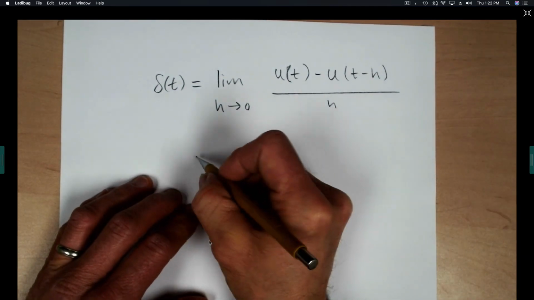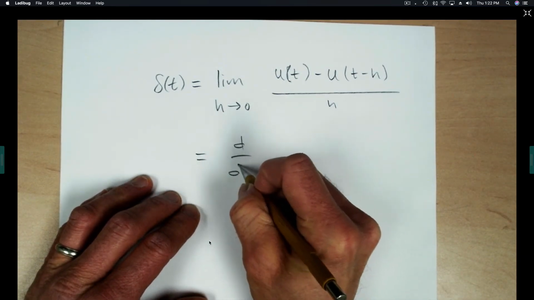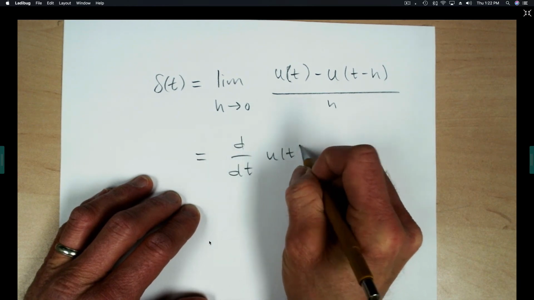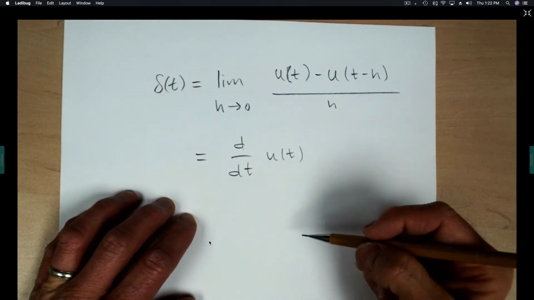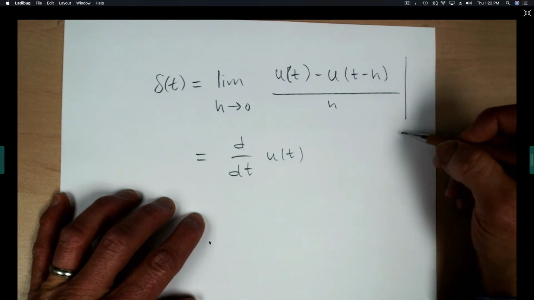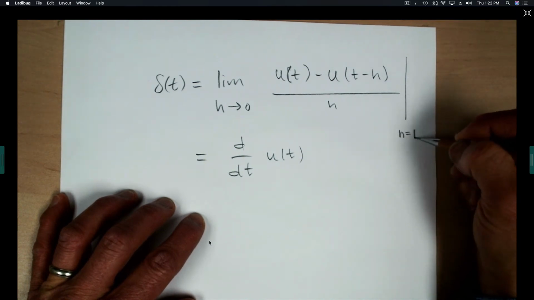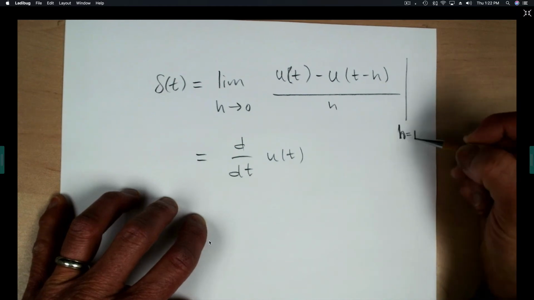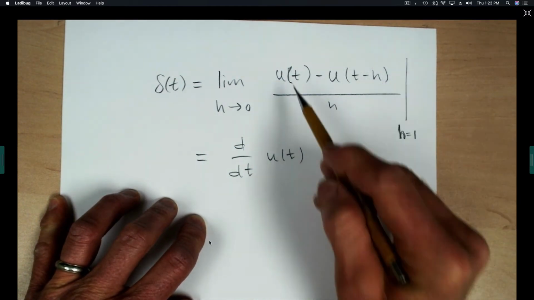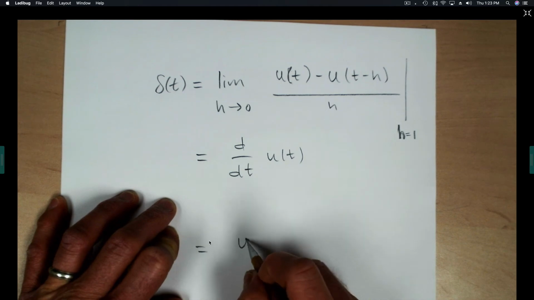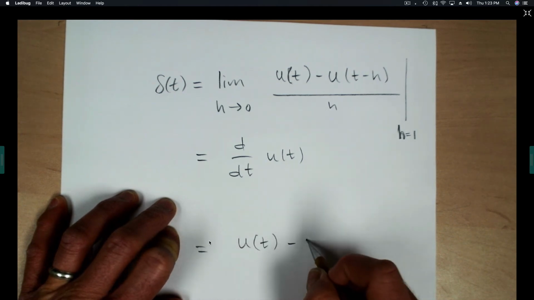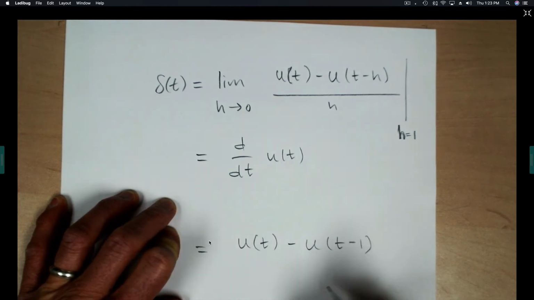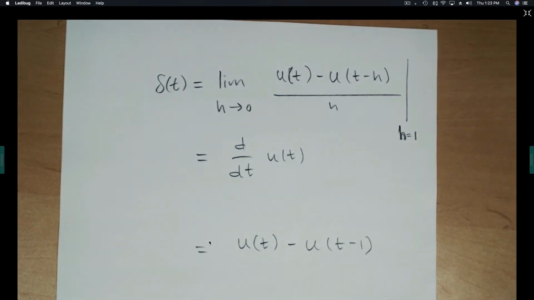That's the formal definition of the derivative. And we see that if we just simply let h equal 1 and we stop short of taking the limit, then this gives us something analogous to u of t minus u of t minus 1. So it's like an approximation to the derivative.